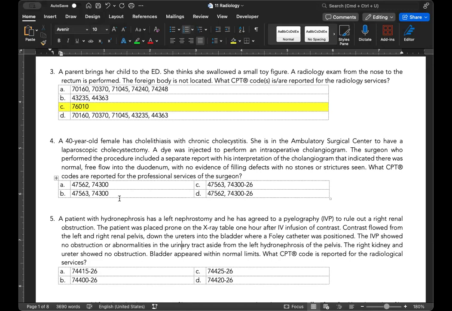So our 74300, that code description is for a cholangiography or pancreatography, intraoperative radiological supervision and interpretation. So do you think that we should use a 26 modifier with the code, or should we not use a 26 modifier?